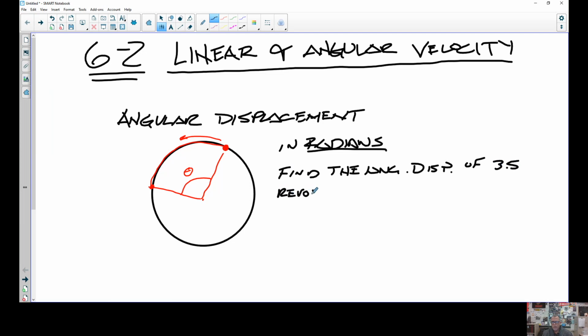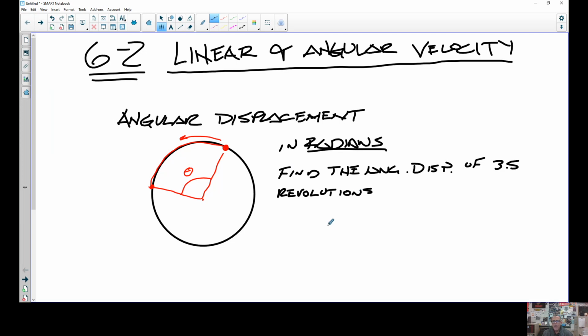What I mean by that is if a point on the edge of a circular object rotated 3.5 revolutions, how many radians would it move through?